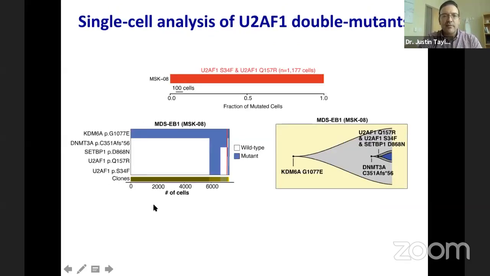And this is an example of a patient where on the single cell level, essentially all greater than 1,000 cells that we sequenced that had either of these splicing mutations, they were always seen in the same cell, and they were not seen in single cells alone. So essentially, these mutations appear to have occurred at the same time.